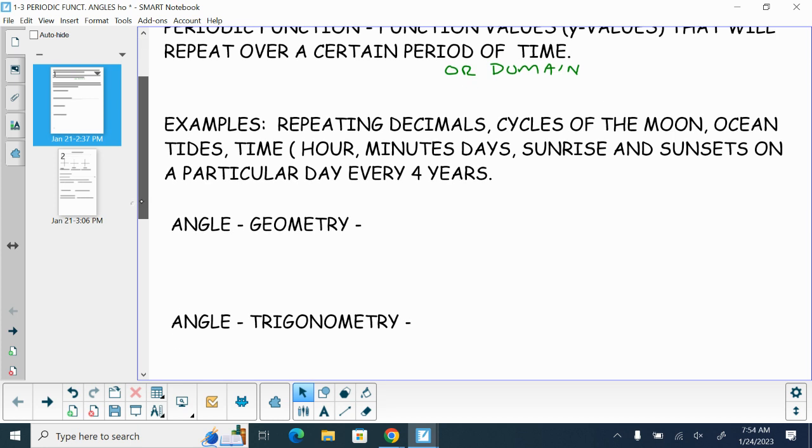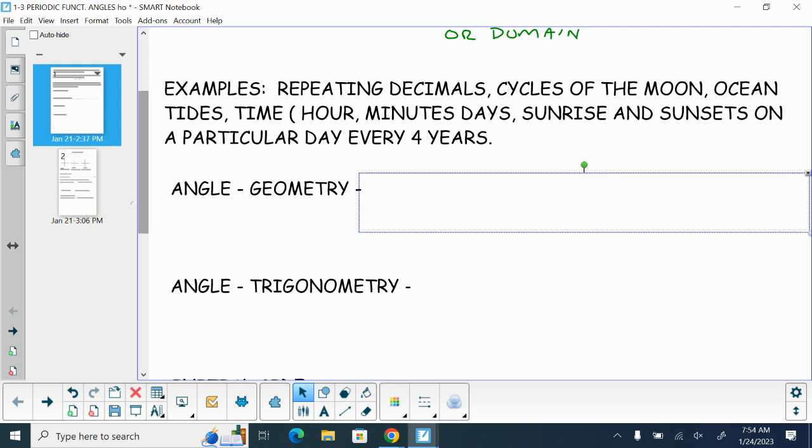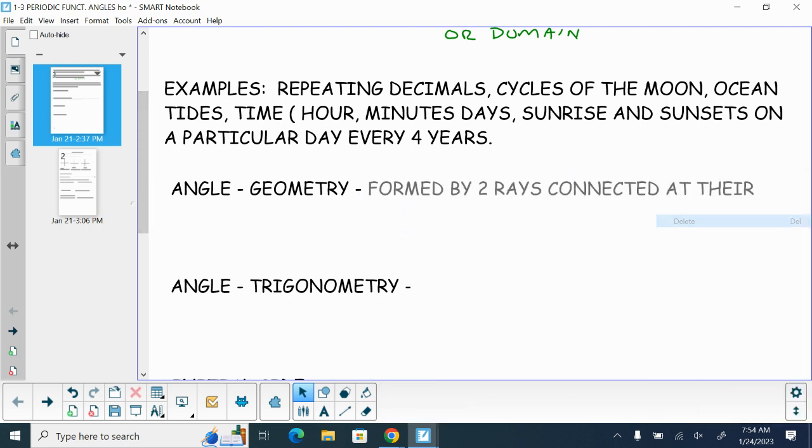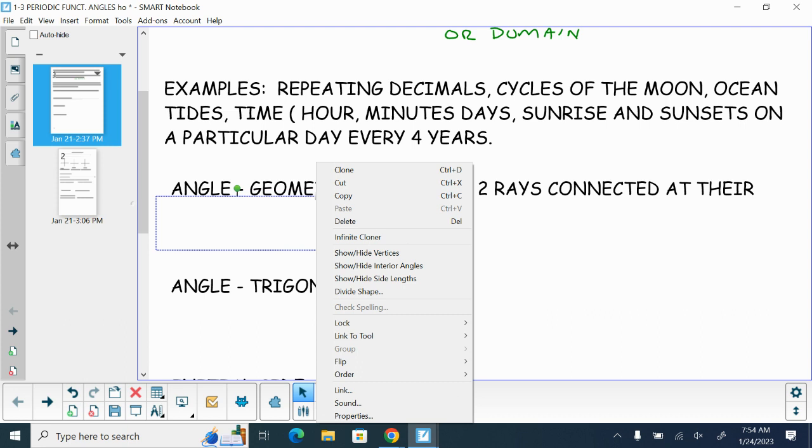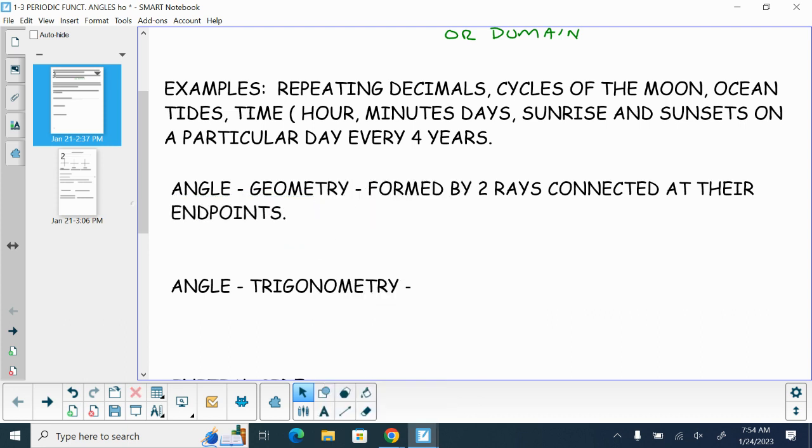Now, when you were in geometry, you had a definition of an angle. An angle is formed by two rays connected at their endpoints. You get the Ray brothers. You got Jimmy Ray and Earl Ray. They're connected at their endpoints.